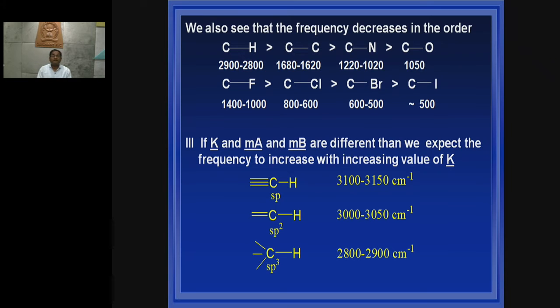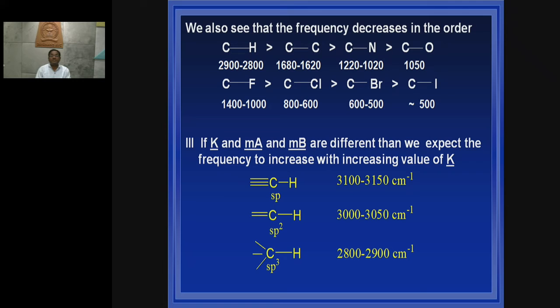What is the reason here? The mass is increasing. Carbon remains constant, but the second atom keeps changing: hydrogen, then carbon, then nitrogen, then oxygen. The mass of the second atom is increasing, and due to the increase in mass, the frequency is reducing, and you can observe that from first to last.